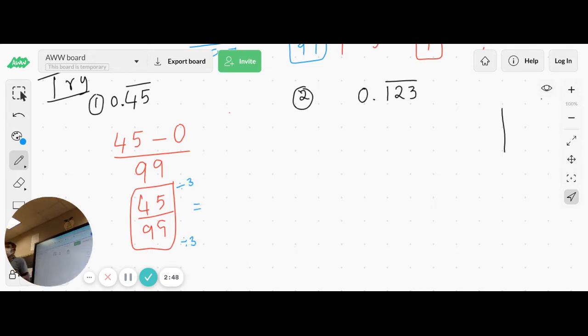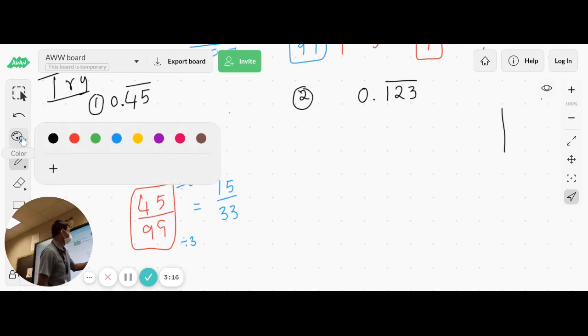3 goes into 45 how many times? 15 times. 99 divided by 3 is 33, right? And then this one can be reduced by 3 again.